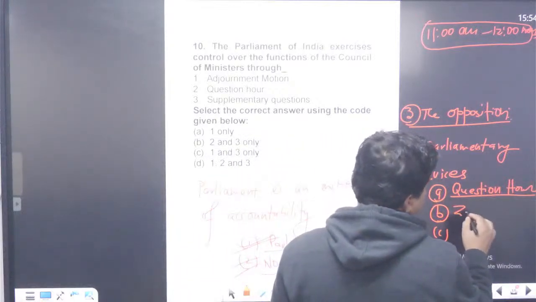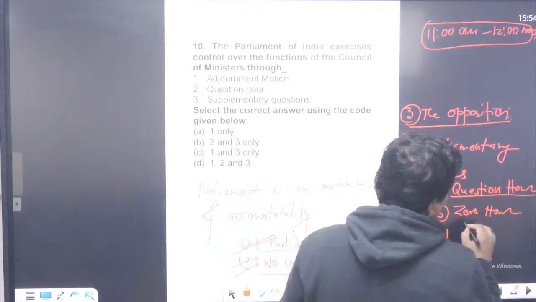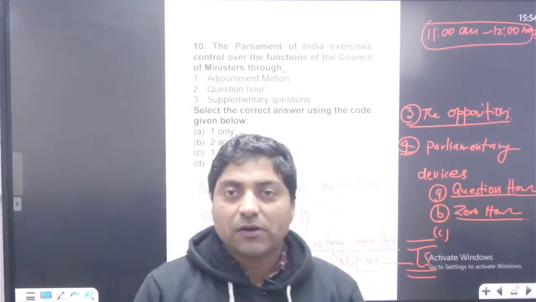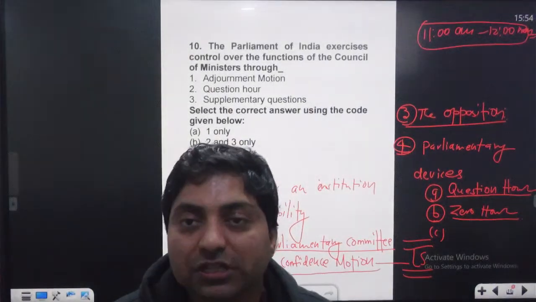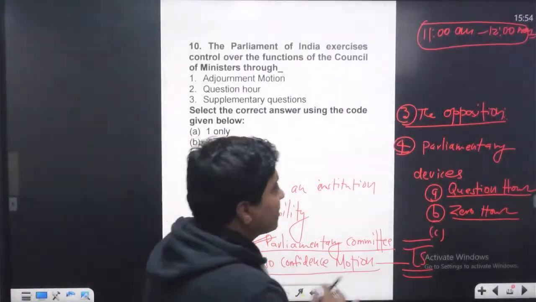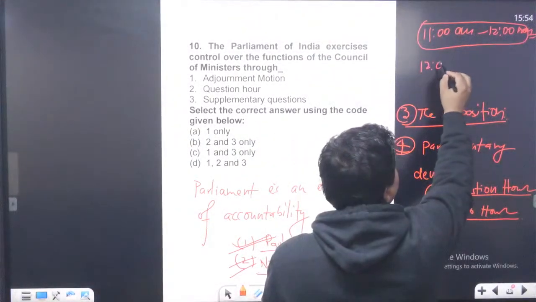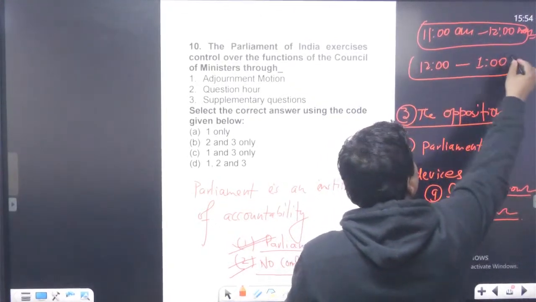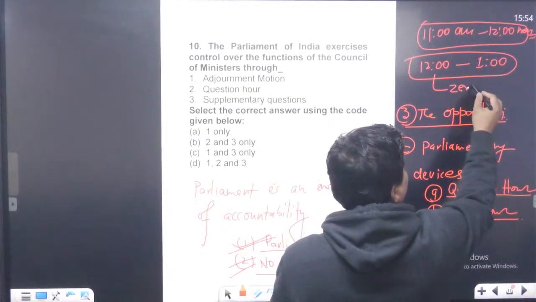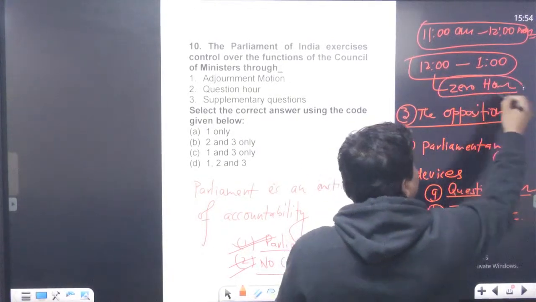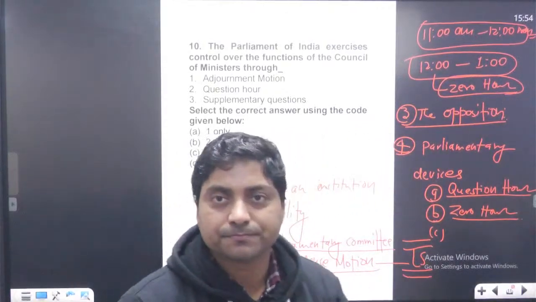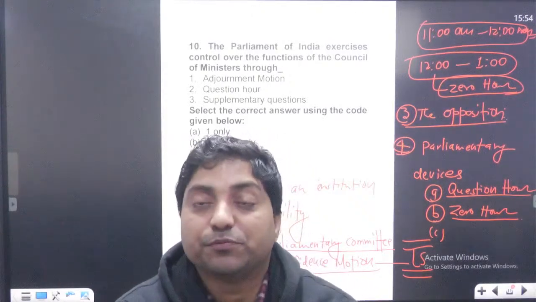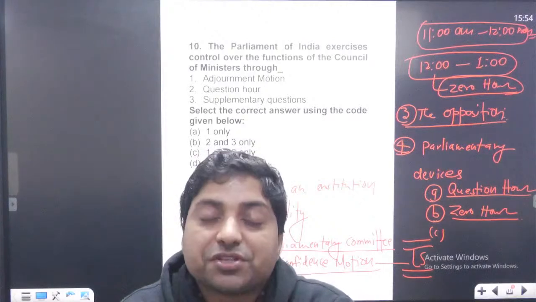Then zero hour. What happens in zero hour? Zero hour, the second hour, just starts after the question hour in the parliament. So it starts at 12 and continues till lunch. This is very much an Indian invention, zero hour. The British Parliament does not have such a provision or procedure.